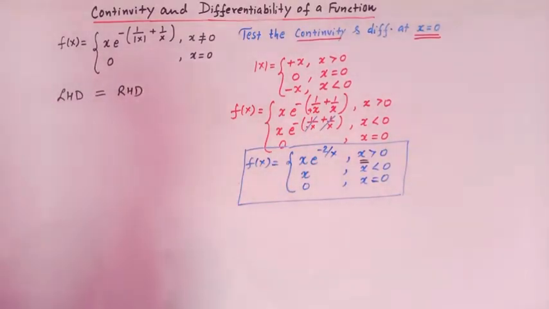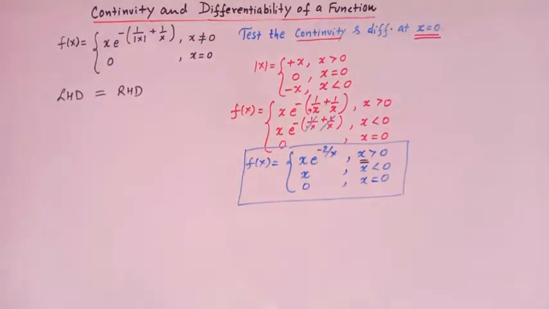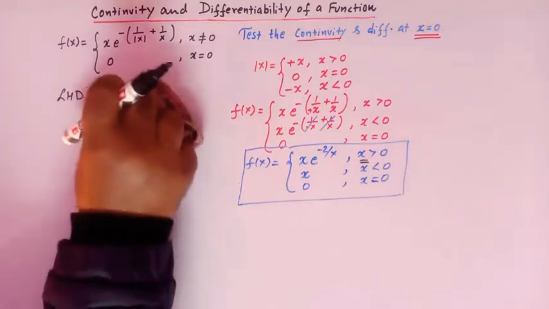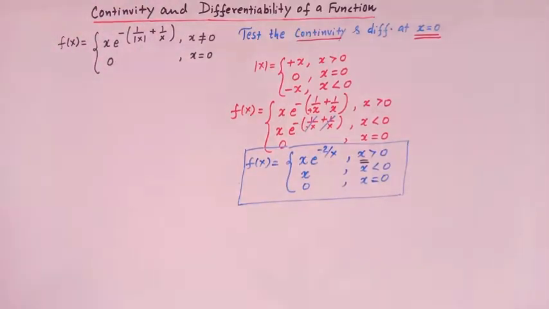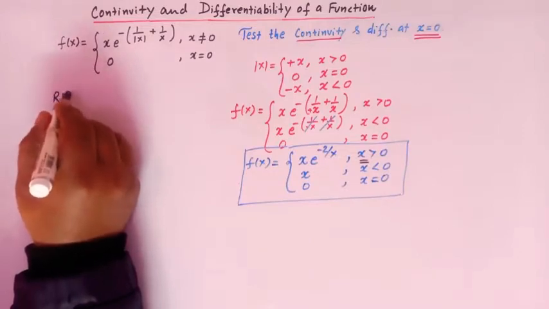So in order to test the differentiability, we have to separately find out the left hand derivative and right hand derivative. So let us first find out the right hand derivative.